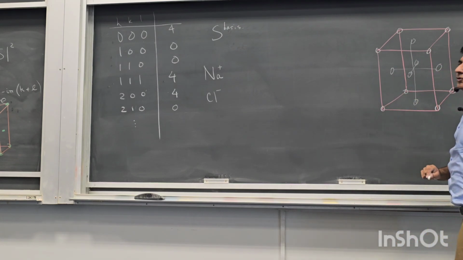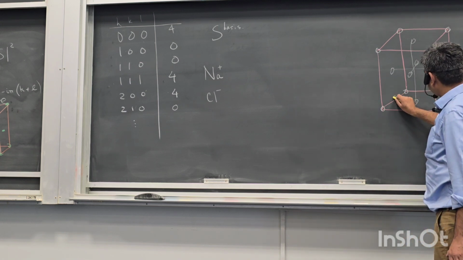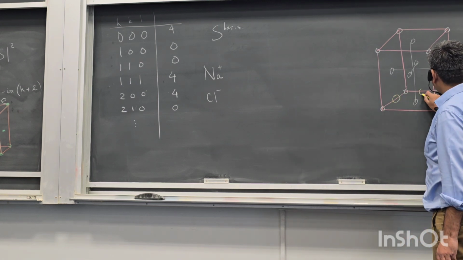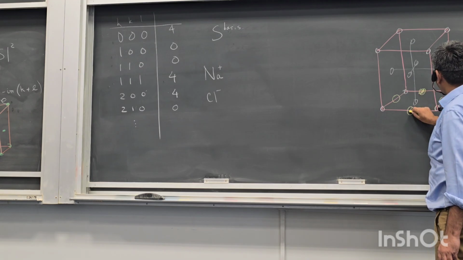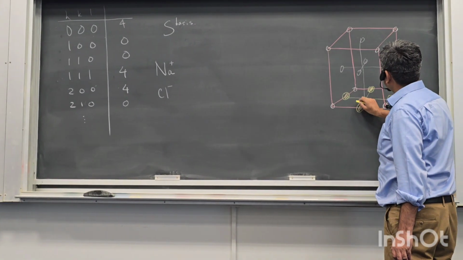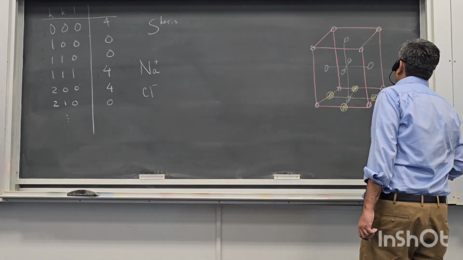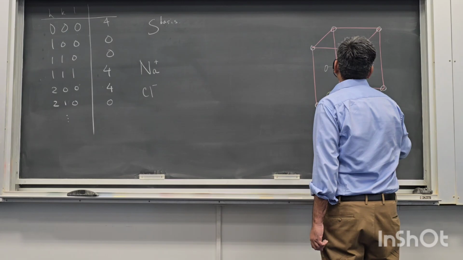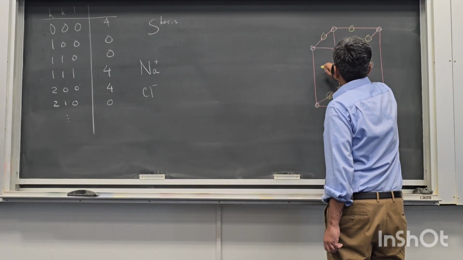Okay, so these are all the sodium ions. And chloride ions are halfway in between. So there's a chloride ion here, here, here, here.